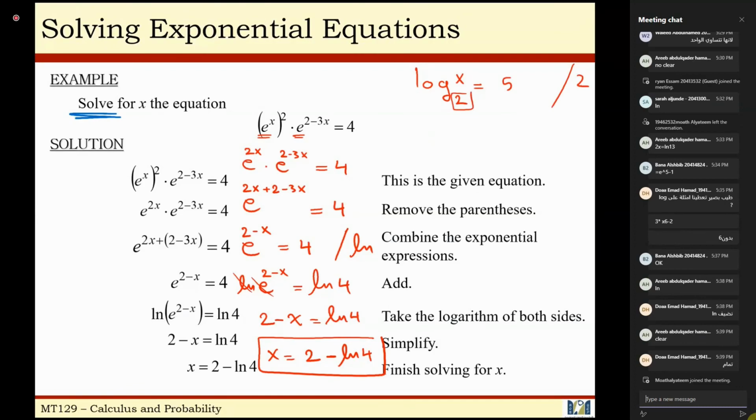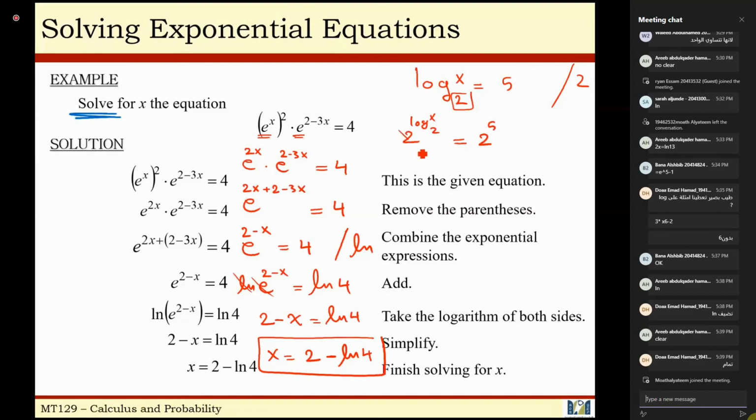If we have ln, take the e for both sides. If we have a logarithm, this depends on the base. If the base is 2, so take 2 for both sides. 2 to the power 5, like this.